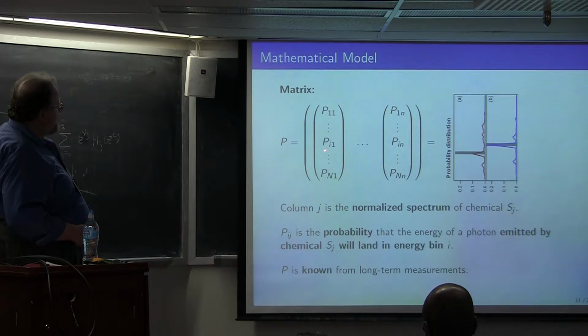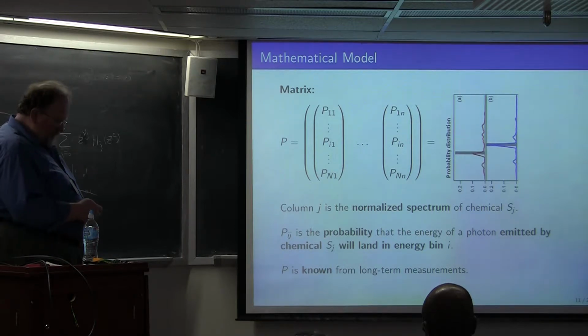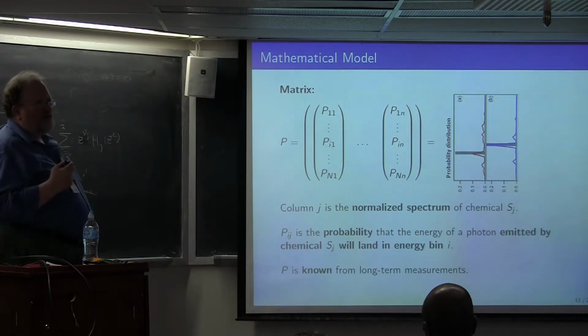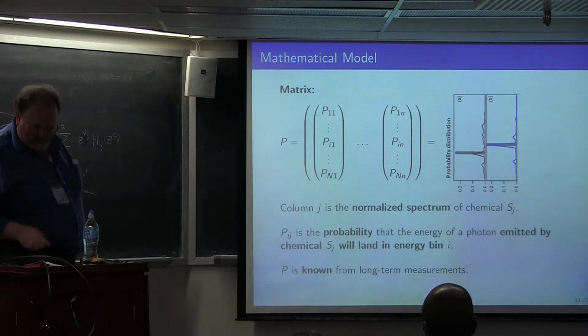The one for acetone will be big here and smaller over here, and these all add up to 1. And this is the probability distribution for benzene. This one's going to be the highest of all right there, associated with the blue. And again, they all add up to 1. So it's a normalized spectrum. P is known. You can put acetone in the thing and measure it for a second, you'll get 1 million photons, and you know what the distribution is.